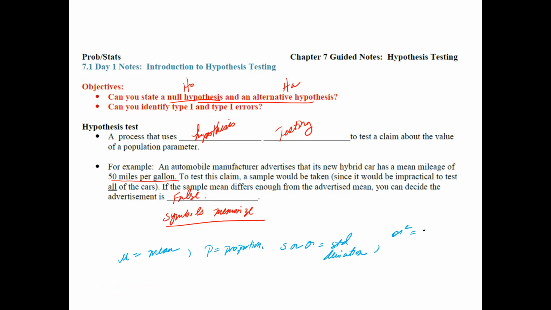And lastly, you probably have not seen this before, but that little squiggly thing squared is that little squiggly thing multiplied by itself twice. And this is the variance, okay? So keep in mind the variance is always going to be the standard deviation squared, or the standard deviation equals the square root of the variance. And you can use that interchangeably.